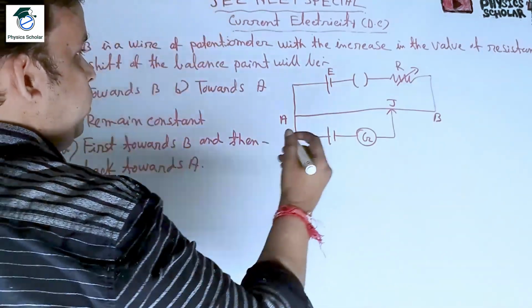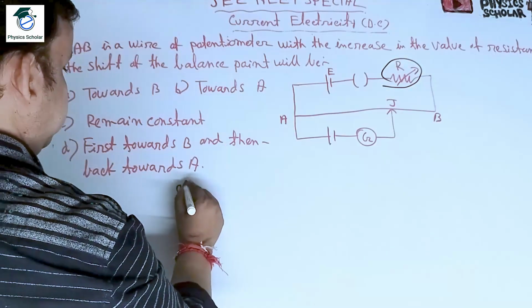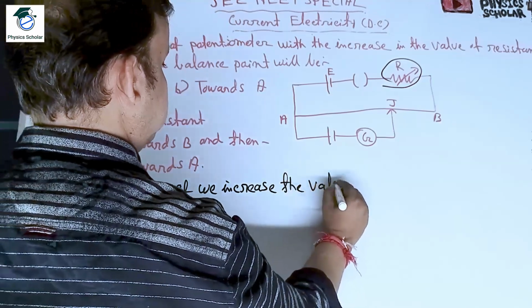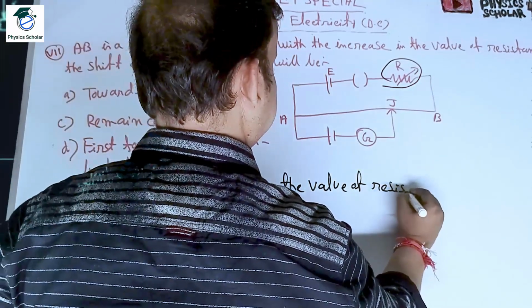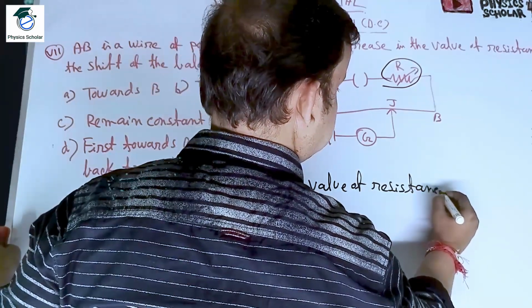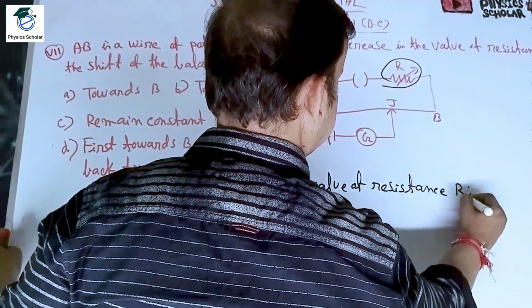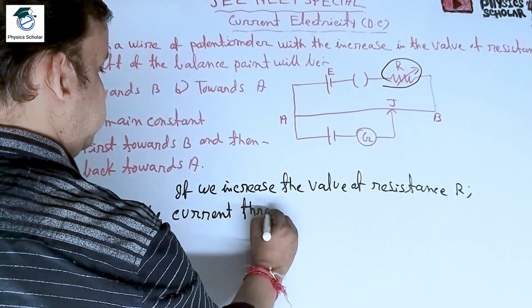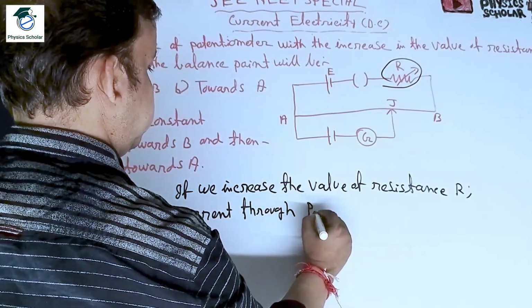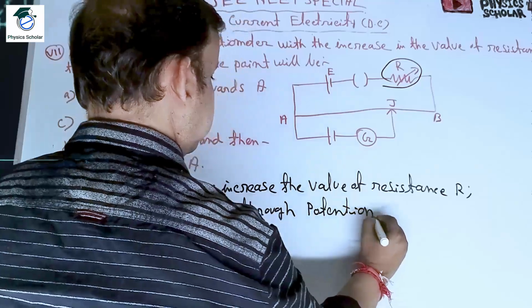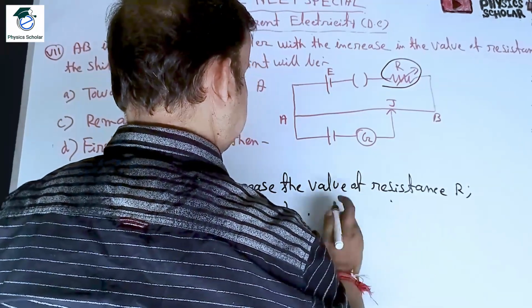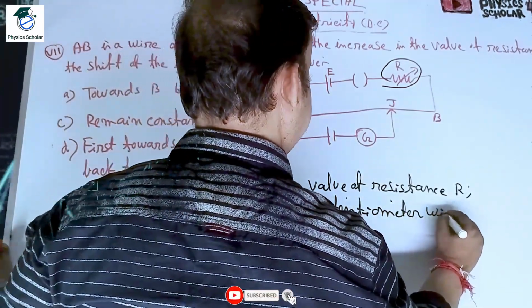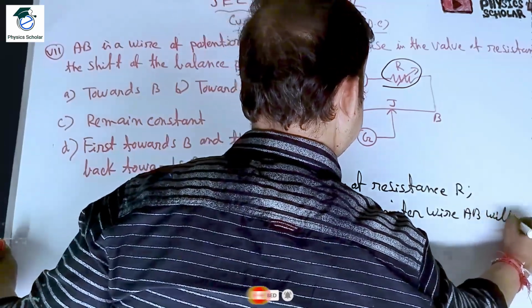If we increase the value of resistance R, then the current through the potentiometer wire AB will decrease.